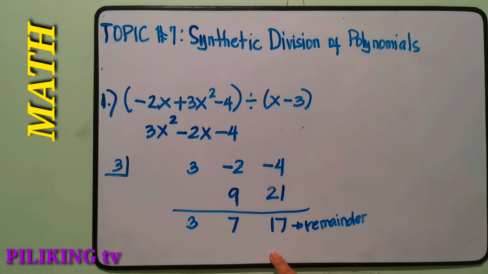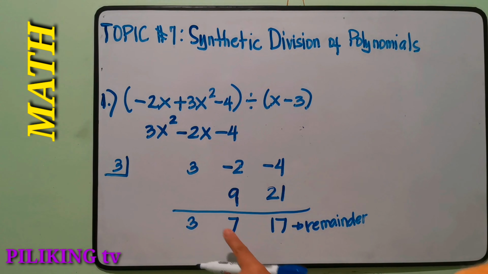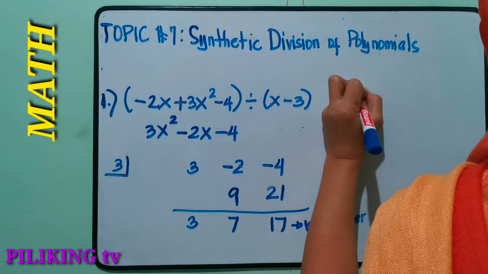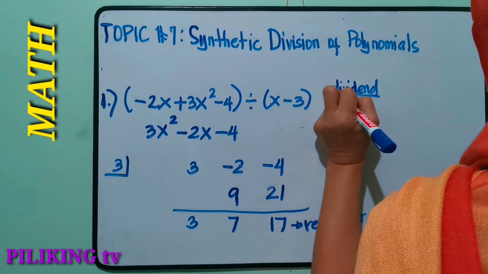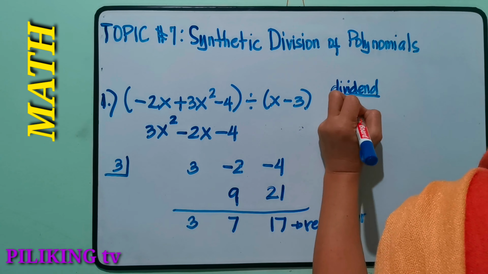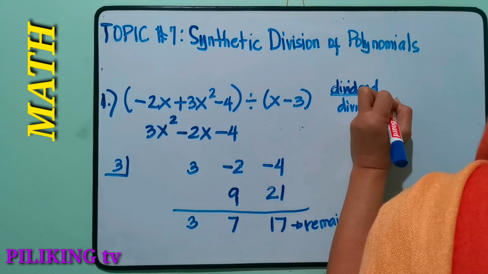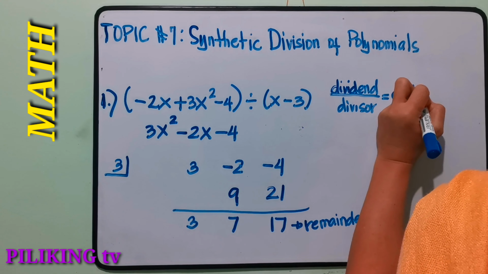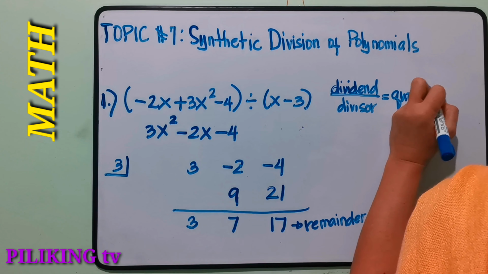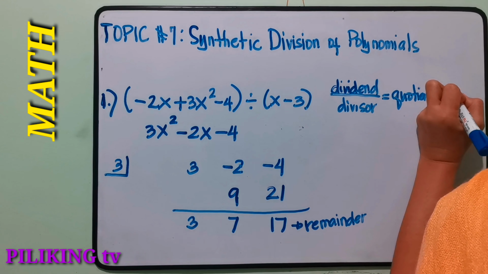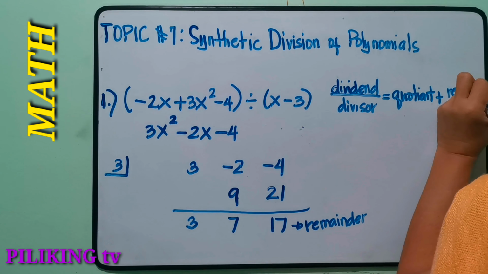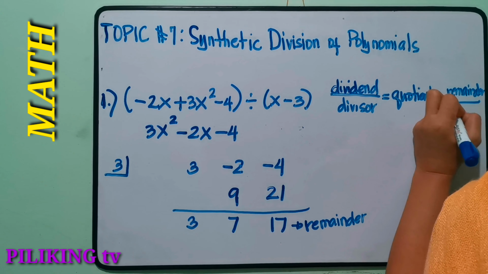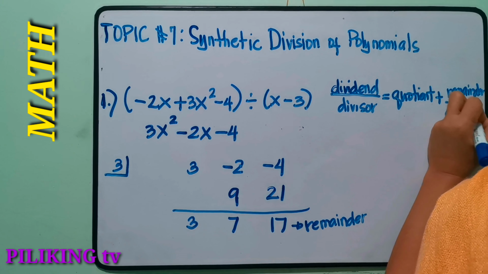Therefore, we can write the final answer as dividend over divisor is equal to quotient plus remainder over the divisor.